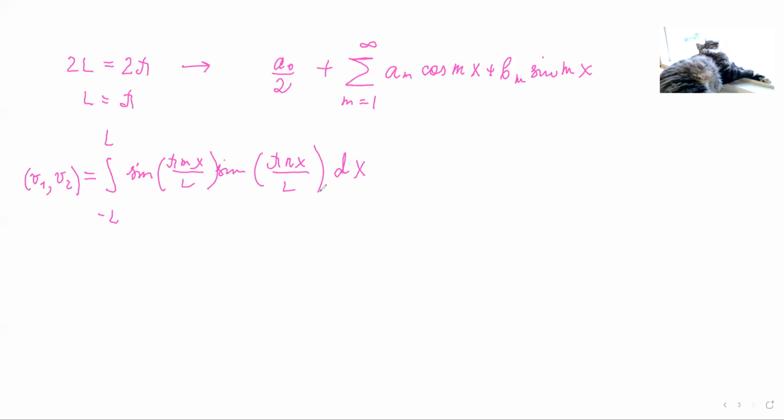Because my L is equal to pi, I'm going to convert it into the integral from minus pi to pi of sine of m pi x by sine of n pi x.